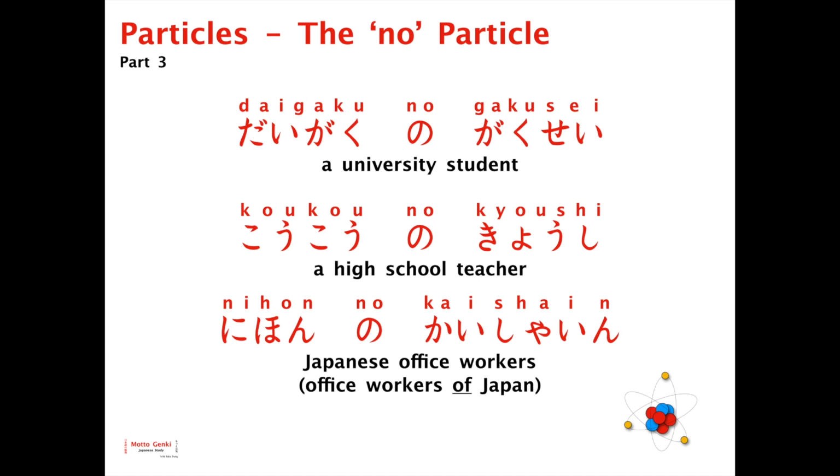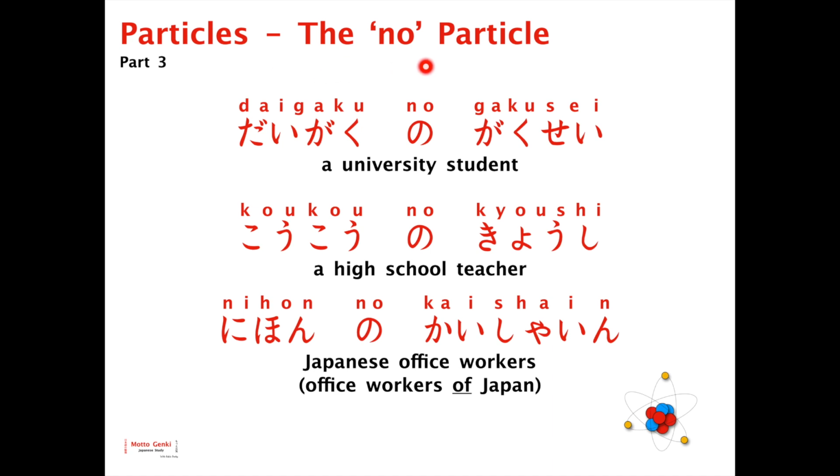Also, it's important to point out that the part which follows the no particle is the main idea of the two words. So, daigaku no gakusei is a university student. If you switch these around, the meaning changes. It becomes a student's university. Gakusei no daigaku, student's university.